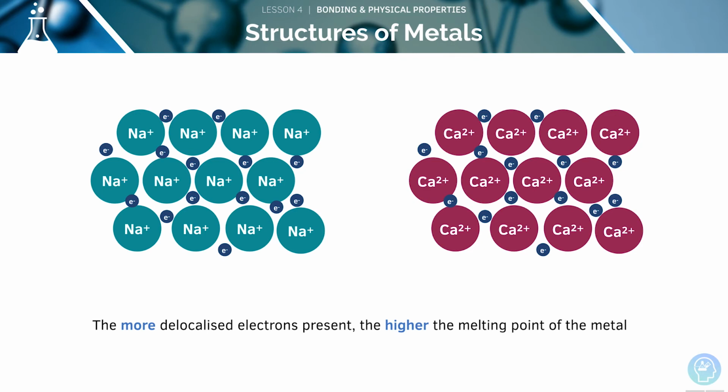Here, we can see that Ca2+ has got more electrons per metal atom compared to Na+. Therefore, it will have a higher melting point. There is a stronger attraction because there are more delocalized electrons and the metal ions have been more positively charged.